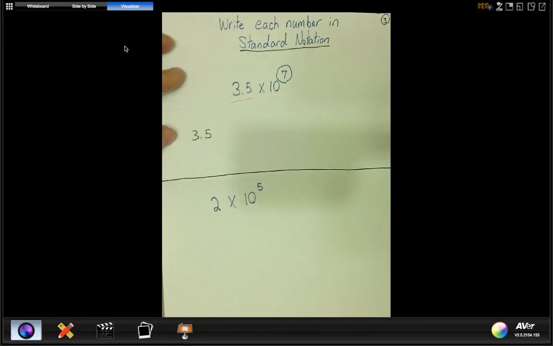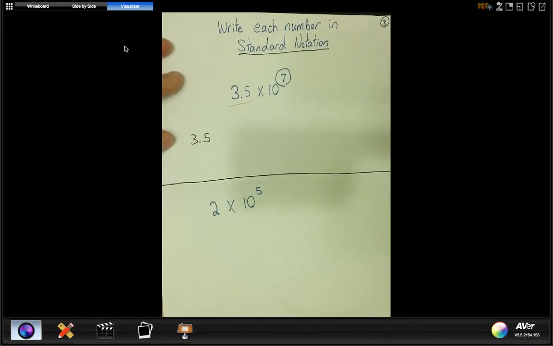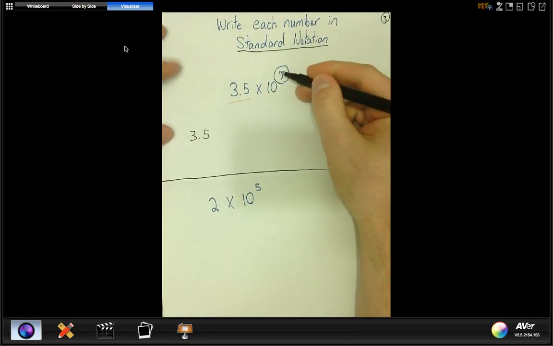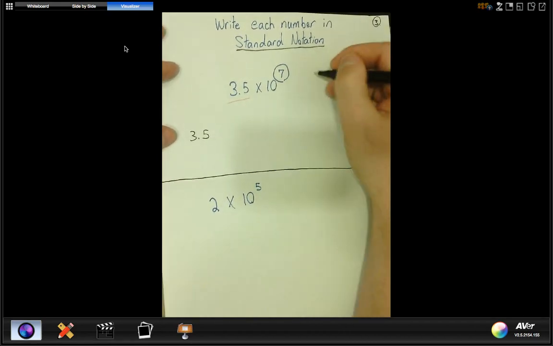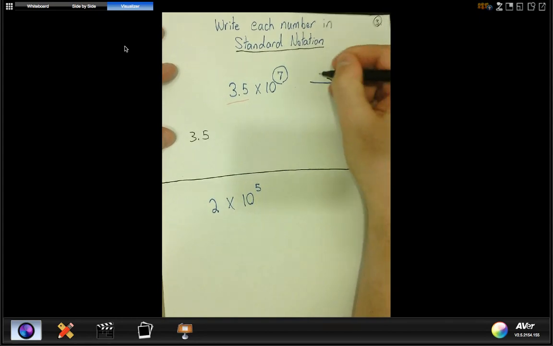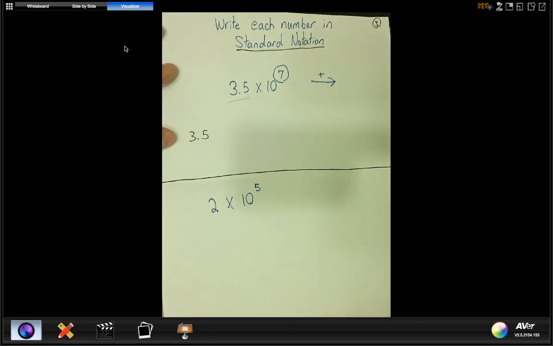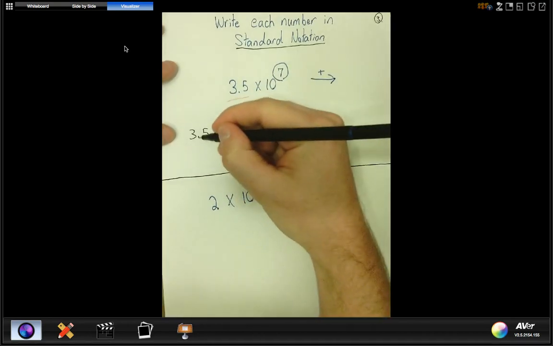We do that with these big loops and points. So I see a 7. It's a positive 7. So I know it has to go to the right. Positive to the right. So I'm going to take that decimal point and go to the right and hopefully make a really big number here.